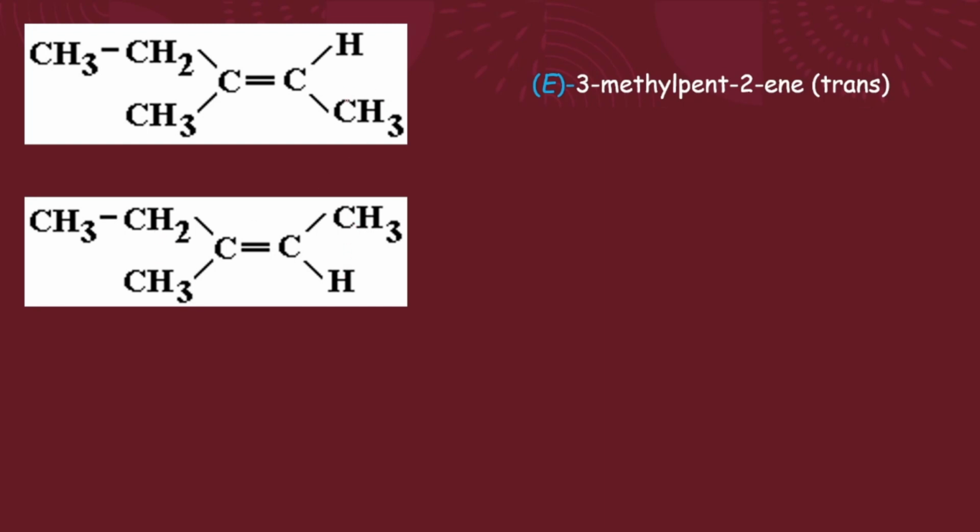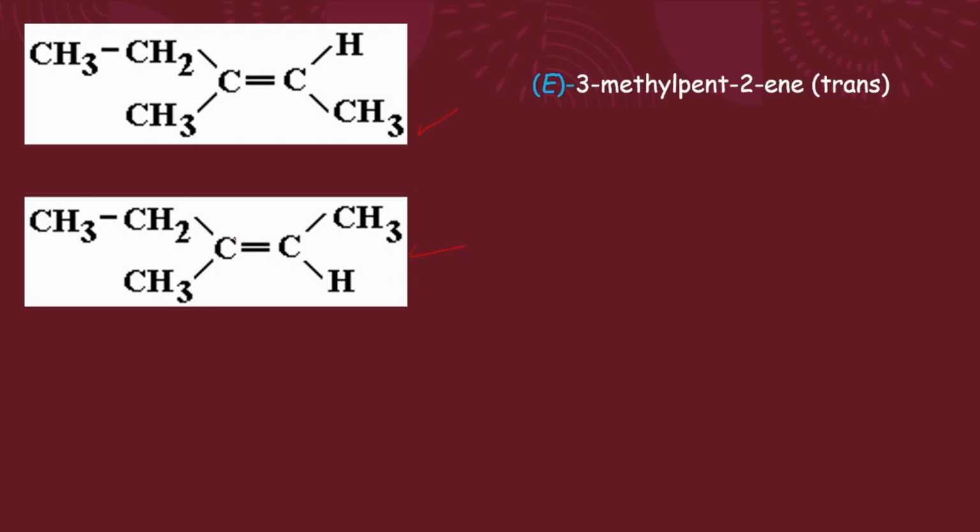For example, in the first one, there was a methyl group down there and the hydrogen up there. But in this one, the opposite. The hydrogen is down there and the methyl group is up. So the two compounds are geometrical isomers, both of them. This one is E or trans, and this one is cis.